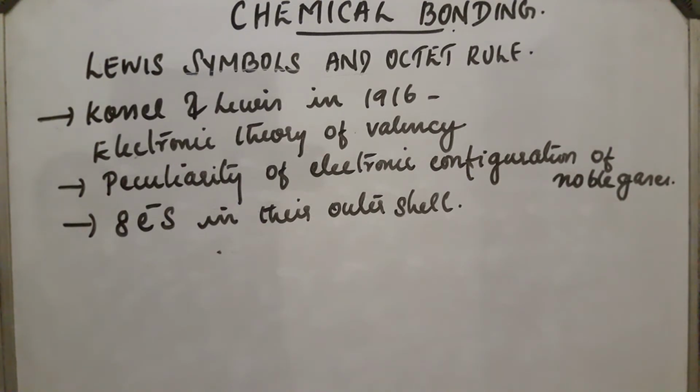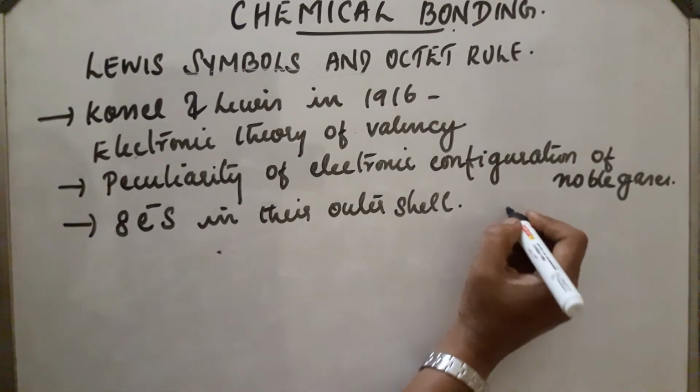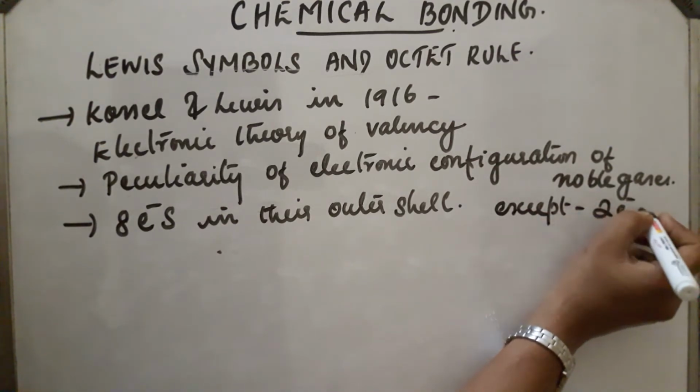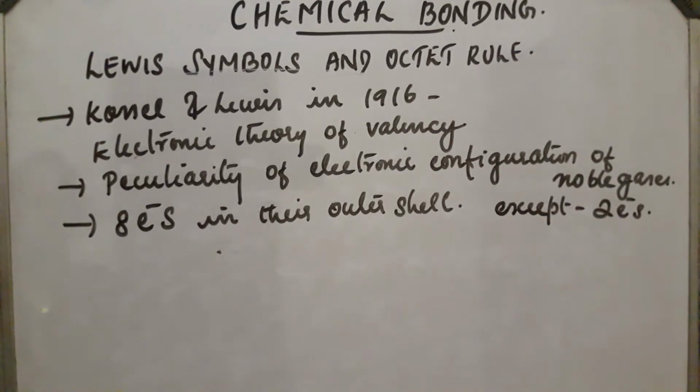So if 8 electrons are present in the outermost shell, those elements will be highly stable. Helium contains 2 electrons in its outermost shell, while all the other noble gases contain 8 electrons in their outermost shell.